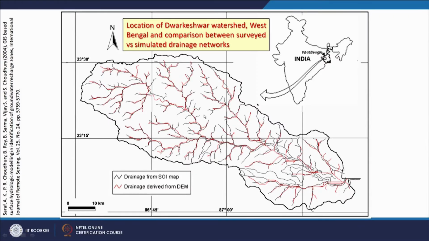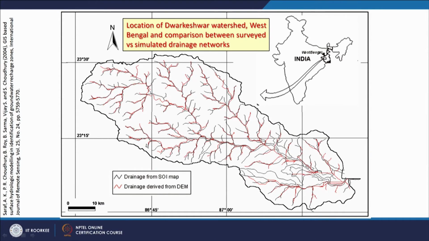One example is from Bankura district of West Bengal. What we see here in the background in black color is the drainage network which has been digitized using Survey of India topo sheets of 50,000 scale, and over it the red one is the simulated drainage based on surface hydrologic modeling.